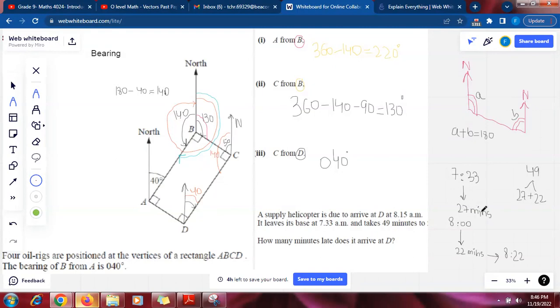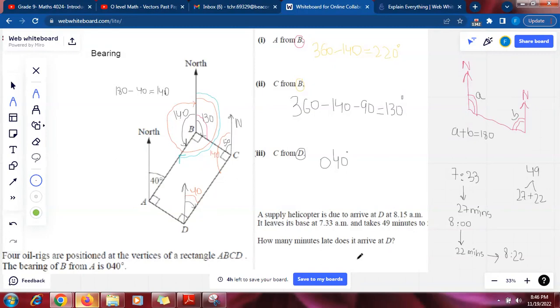Now it will be easier for me to add the time. So after 27 minutes, the time is 8 a.m. Since the total time is 49 minutes and I have already added 27, how much is left? 22 is left. So since it is 8 a.m., after 22 minutes the time will be 8:22 a.m. But the time for reaching the destination was 8:15 a.m. The helicopter is reaching at 8:22, so the extra time is 5 plus 2, that is 7 minutes.